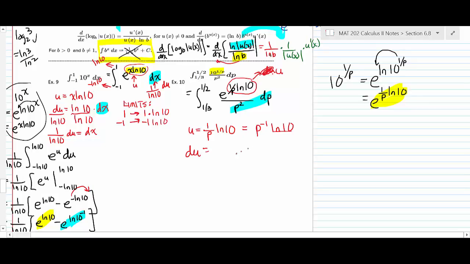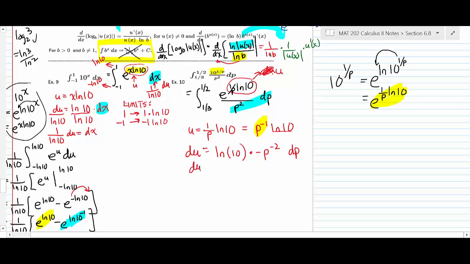It doesn't have any bearing on the derivative. Then you're looking at the derivative of p to the negative 1. So what's the derivative of p to the negative 1? Negative 1 p to the negative 2. So we're going to write that as times negative 1 p to the negative 2 dp this time.